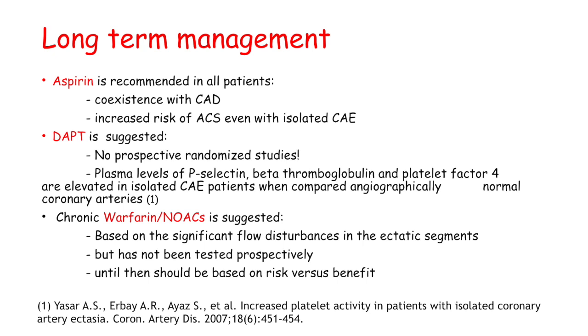We're talking about patients with no acute coronary syndrome. You just do a cath for them, you find coronary ectasia. Do you add a second antiplatelet agent or not? It's just debatable. There are no randomized trials, but we can say maybe it's a good idea, especially if we know that they have increased platelet activity.